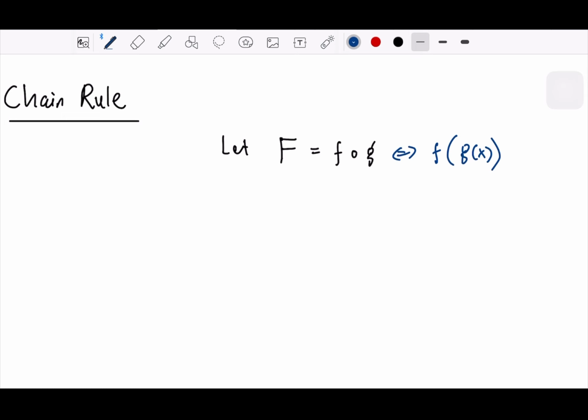Now the idea of the chain rule comes from here, in which we are going to take the derivative of this capital F. If this is only one function, we know that we have the derivative, right? But if there is a function inside the function, what will be the derivative? So I will give you the definition first, and maybe take some time to prove it.